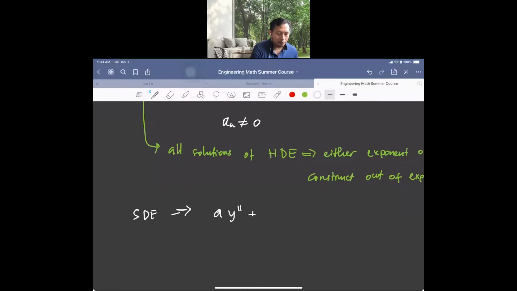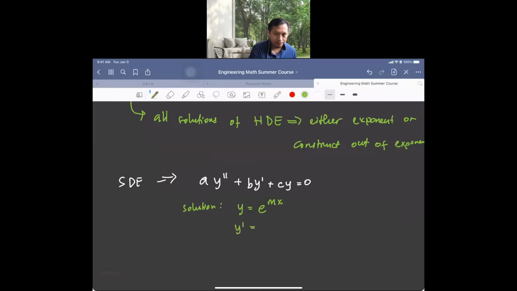Let's say we have a y double prime plus b y prime plus c y equals 0. Let's say the solution is in the form y equals e to the power of mx. Let's say this is our solution.